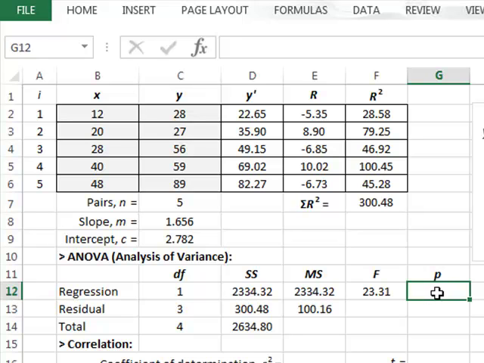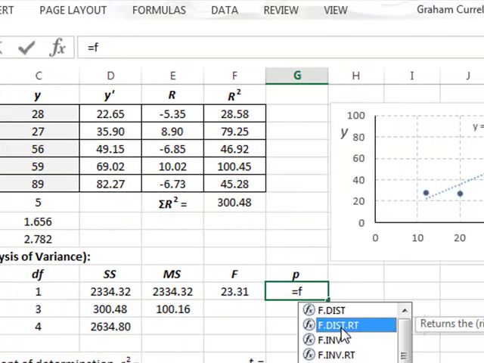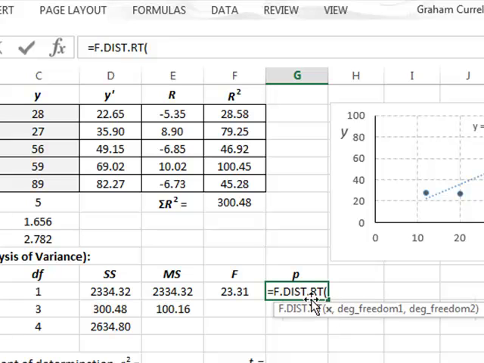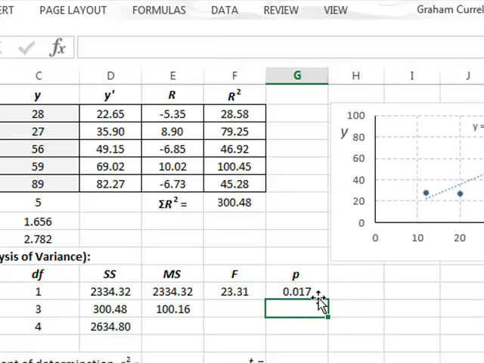And this is obtained by using the F distribution function and using the one-tailed upper or right-hand probability of the F distribution. And for that we need the value of F and then the degrees of freedom for the regression calculation and then the degrees of freedom for the residuals, giving a p-value of 0.017.